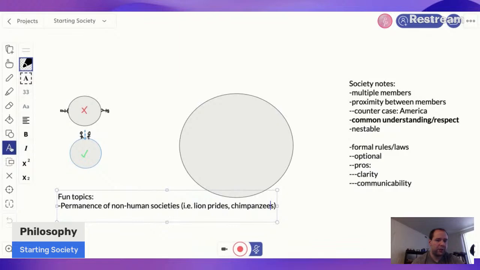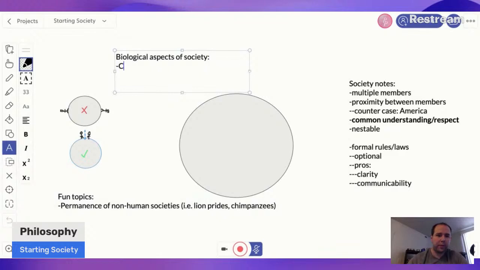I want another box. That's a fun topic. We'll go up here for now. Biological aspects of society. Changing nature. Potentially terminal.